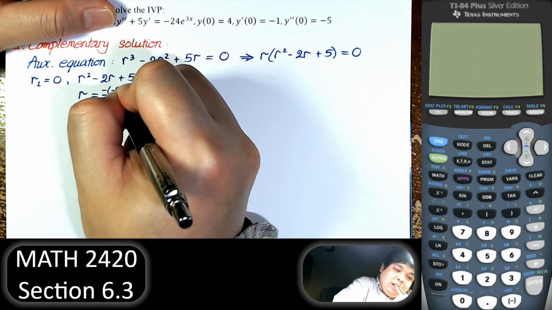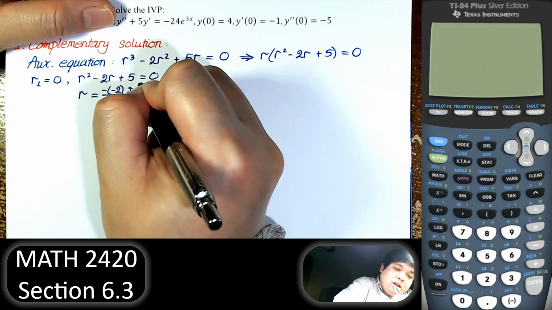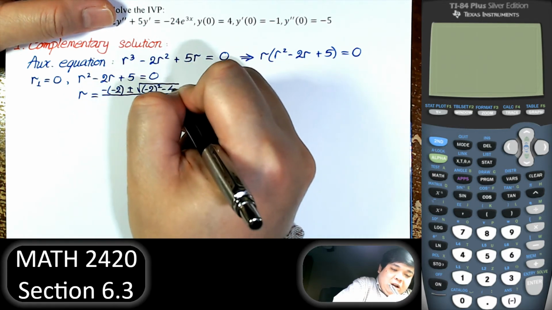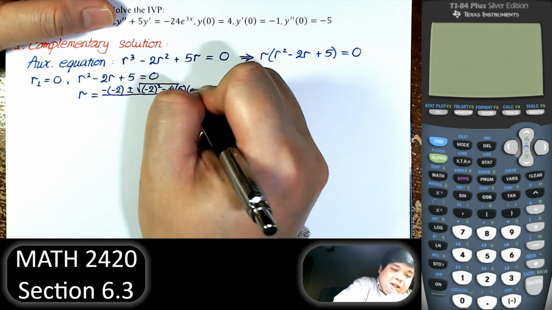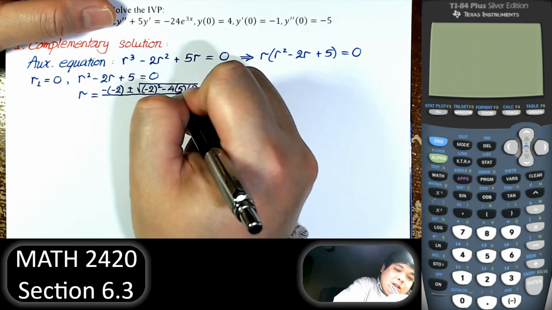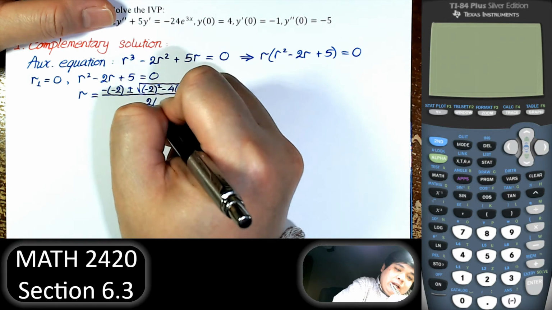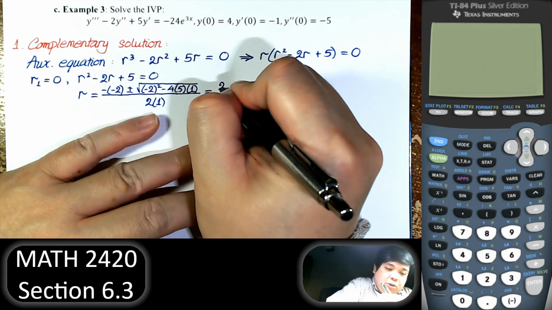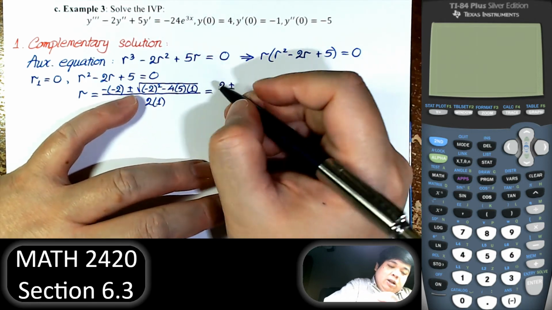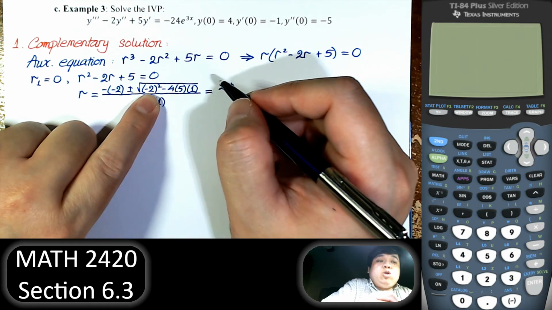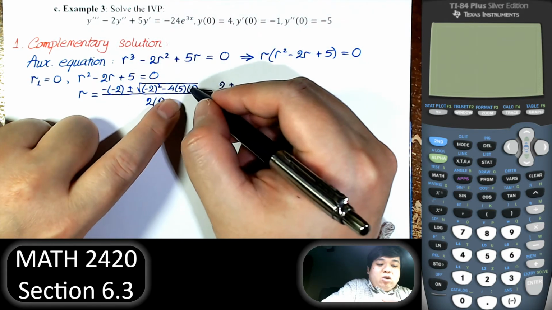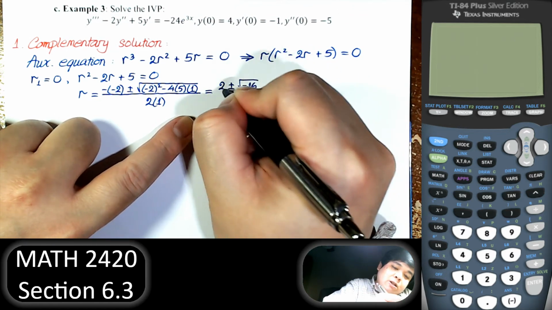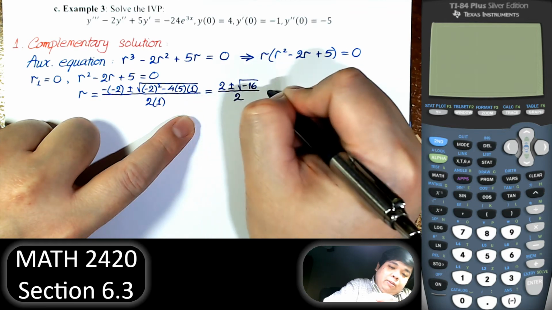Negative b plus or minus the square root of b squared minus 4ac over 2a. So that gives us 2 plus or minus the square root of 2 squared, 4 minus 20, that is minus 16, over 2.